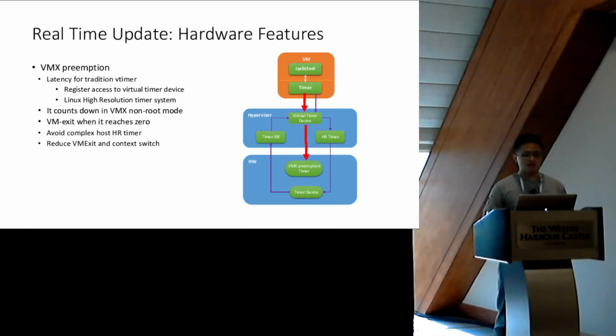Then the hypervisor can inject the timer interrupt into the VM. There is no thread context switch, and it can reduce VM exits because only one VM exit is needed. More important, we can skip the HR timer subsystem and skip the hardware timer device interrupt.